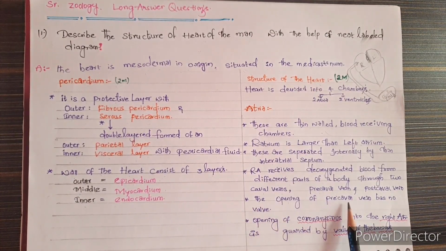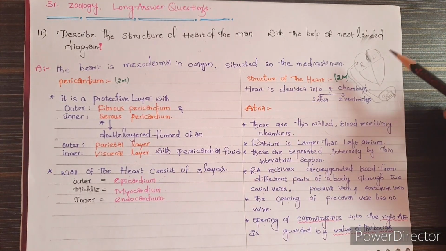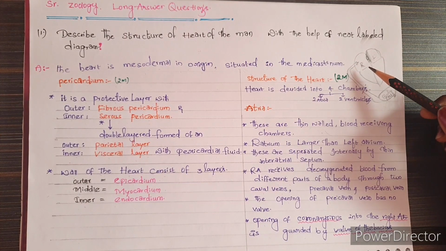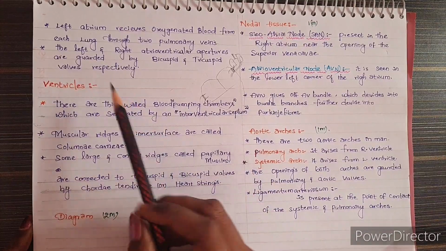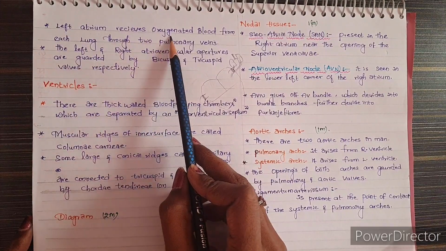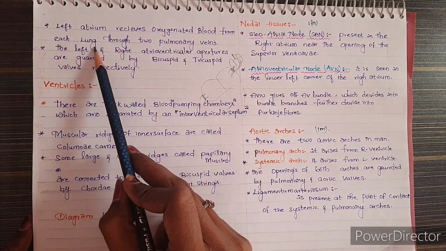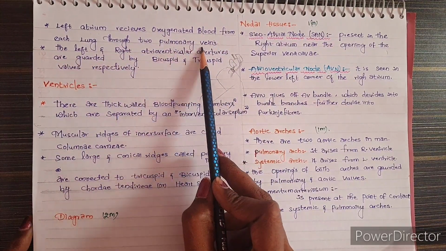The opening of the precaval vein has no valve, and the opening of the coronary sinus into the right atrium is guarded by the valve of Thebesius. The left atrium receives oxygenated blood from each lung through two pulmonary veins.